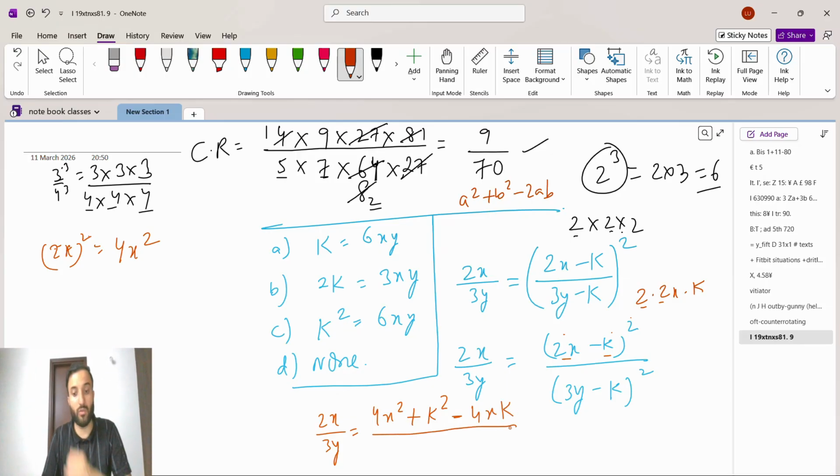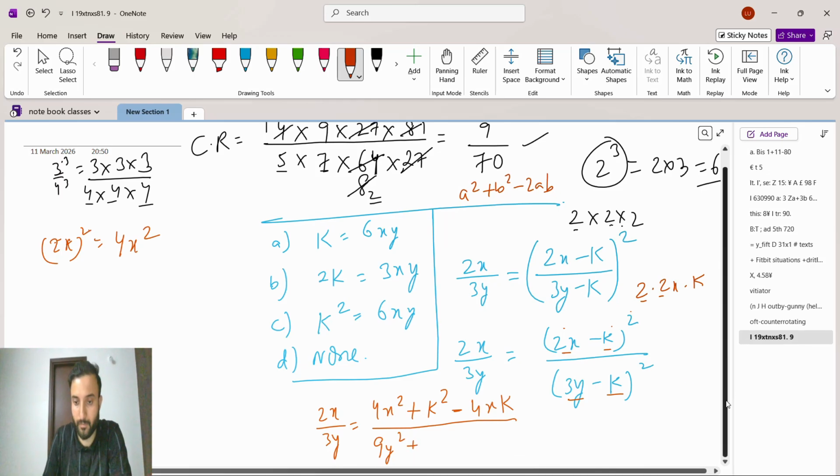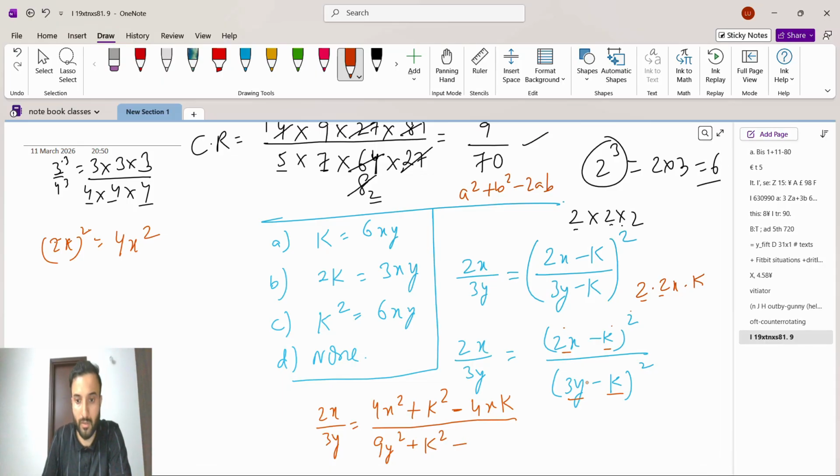Divided by, now this also is the same, a minus b whole square. So a square, 3y whole square is 9y square, plus b square, k square, minus 2ab, so 2 into 3y into k, which is 6yk.